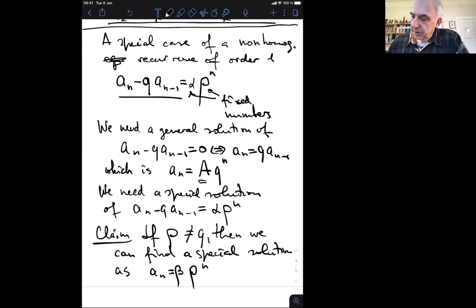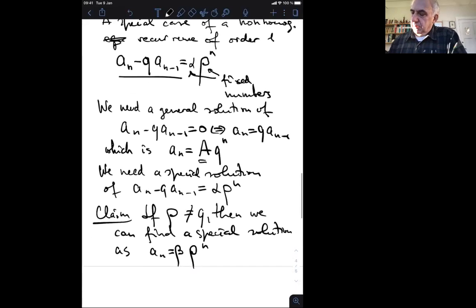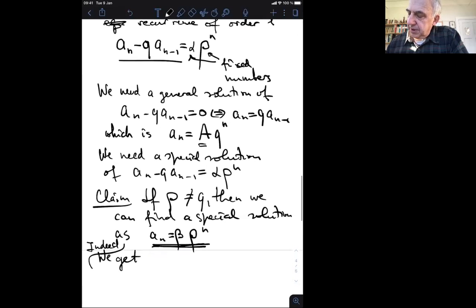Okay, why? Well, let's make the substitution and see what happens. If we substitute this ansatz in our equation, we get beta rho power n minus q beta rho power n minus 1, and this should be equal to alpha rho power n.